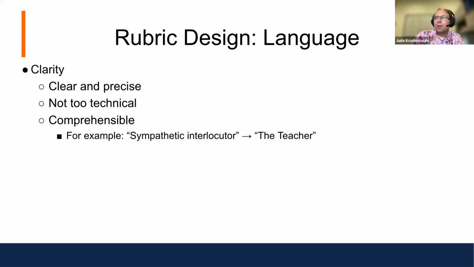The student knows, oh yeah, the teacher, and it's not some imaginary other person. It makes it more realistic for students. So we want to make sure the language is not too technical. It's clear, precise, and comprehensible to students.